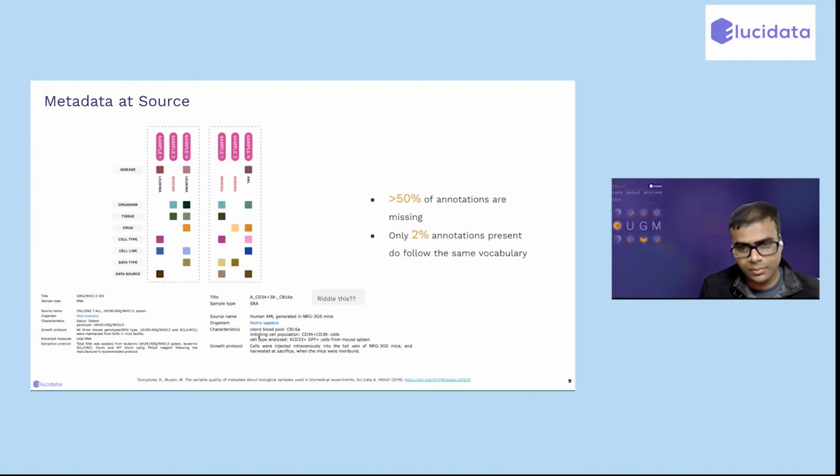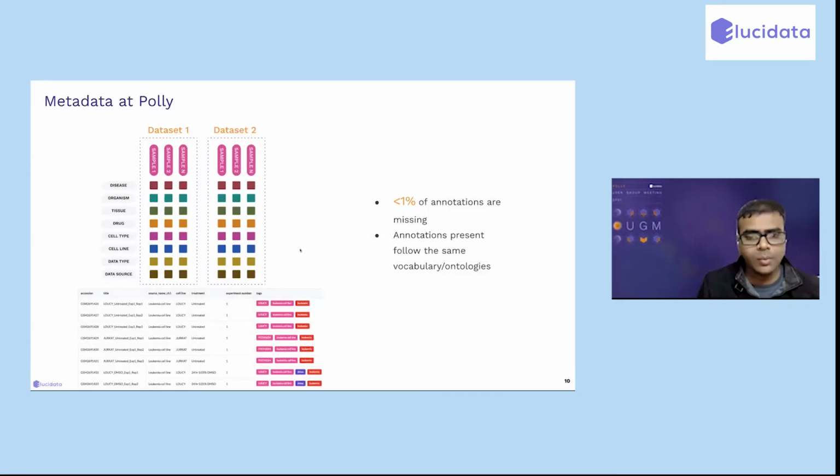There is no other way. It's like a riddle. These are some of the big problems that metadata at different sources around the world have. And what does Poly offer? What we claim is that less than 1% of annotations are missing on Poly.